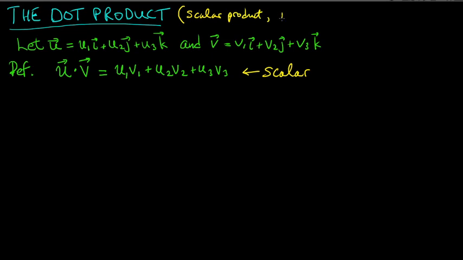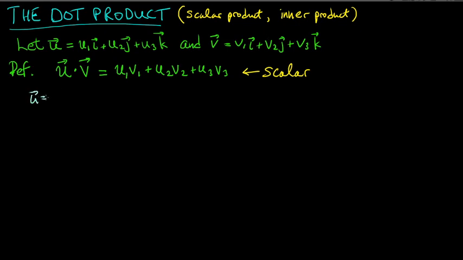More generally, you can also call this an inner product, but that's a more general term which we're not going to really use here. That comes from linear algebra, for example. All right, so another thing to note is that these are vectors in space.